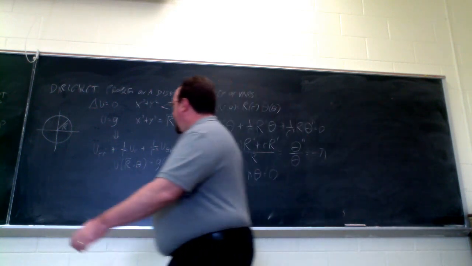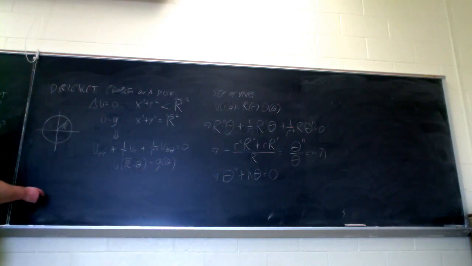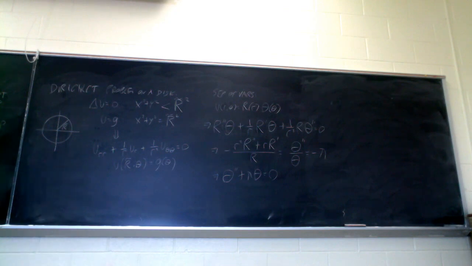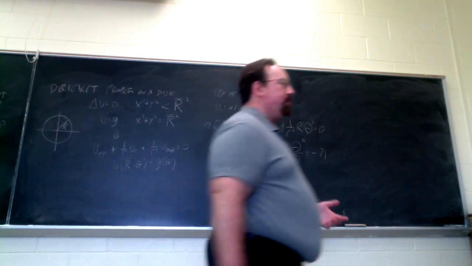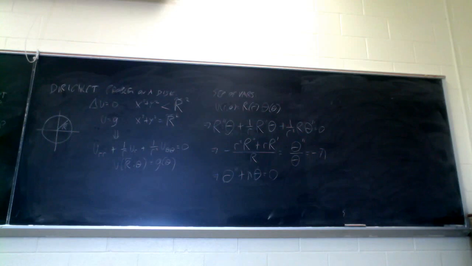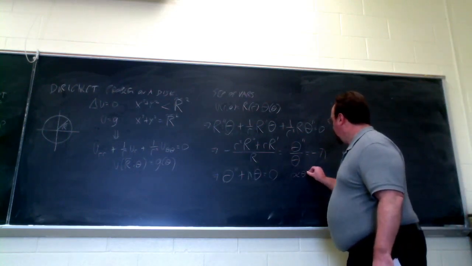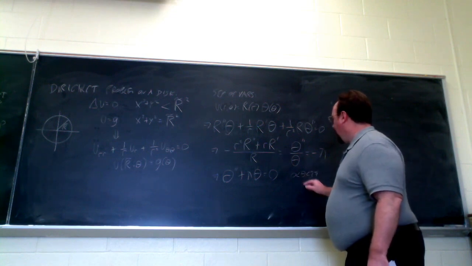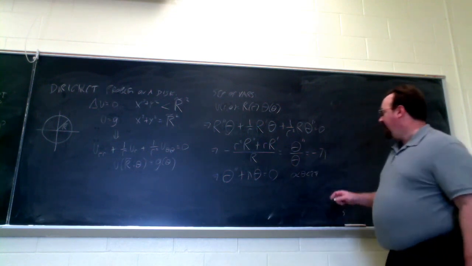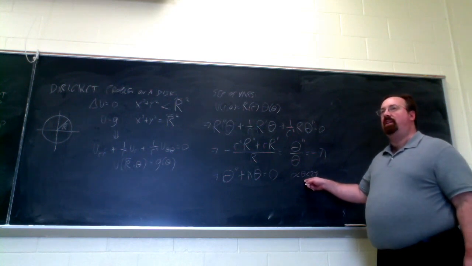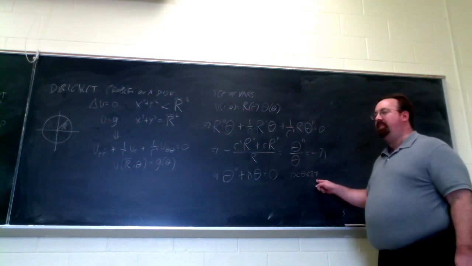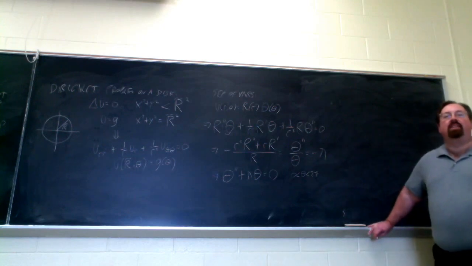Because that determines how the solution varies as I go around the origin. Little theta is an independent variable that ranges between 0 and 2 pi. So this is an ODE defined on this interval, and I need boundary conditions for this interval. What would be appropriate boundary conditions?